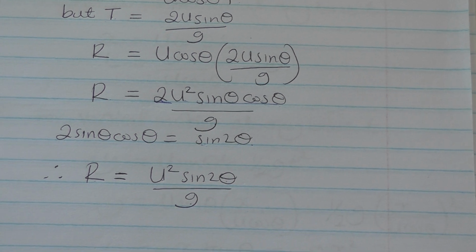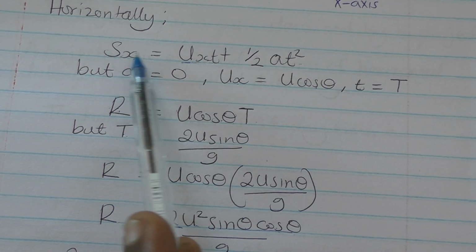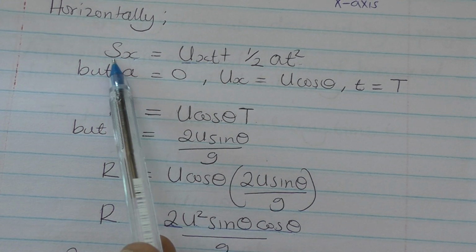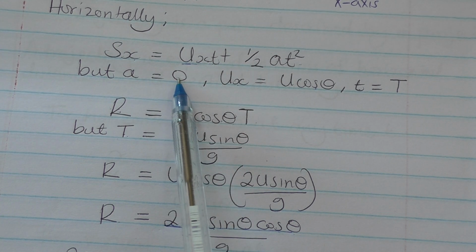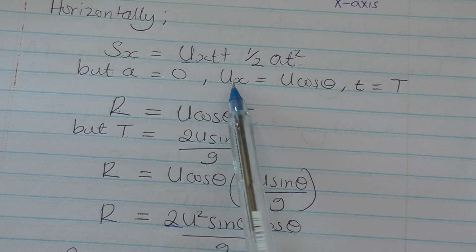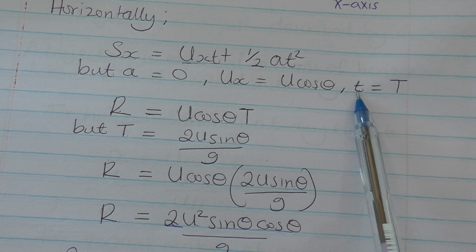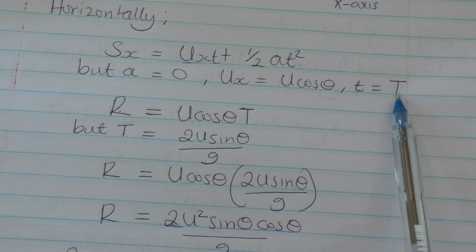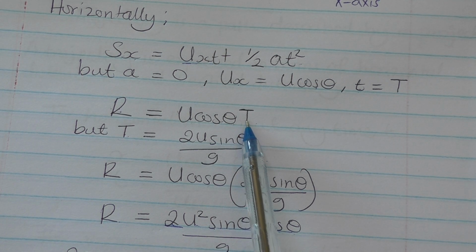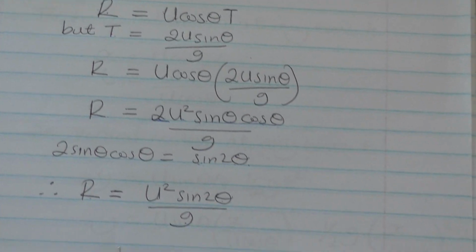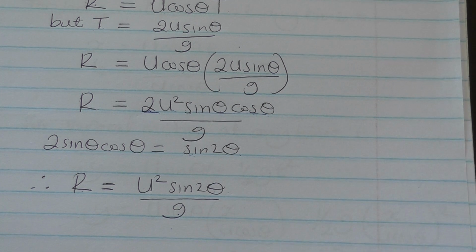So what you must note here is that when finding range, we shall use the second equation and consider the horizontal displacement. But horizontally, a is 0 and u is u cos theta, and since it is range, the time considered is time of flight, and then we substitute for time of flight to get the range as u squared sine 2 theta over g. So that's how we get the range.